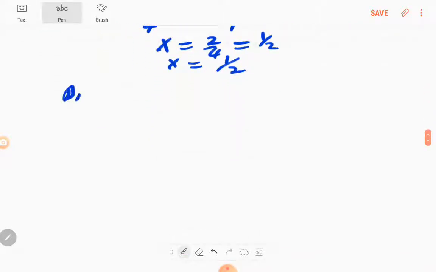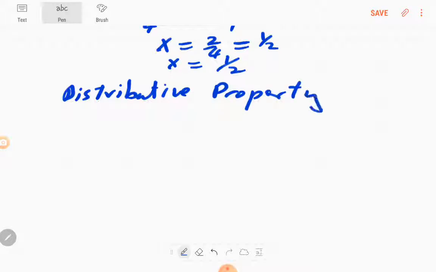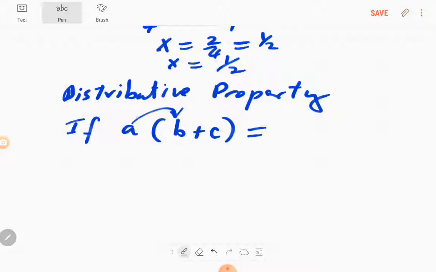And so the distributive property is that if I have A parenthesis B plus C, then I'm going to distribute A via multiplication with B and C. So this becomes A would multiply times B, then I'll multiply times C. So we'll have AB plus AC.